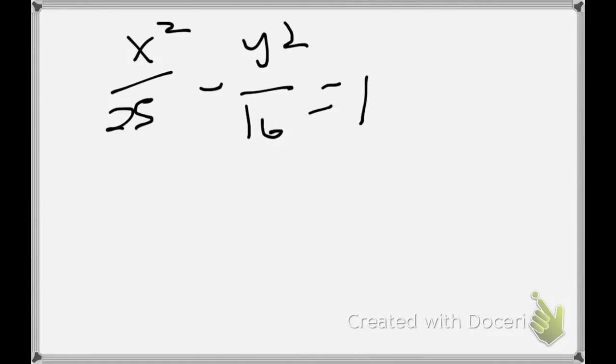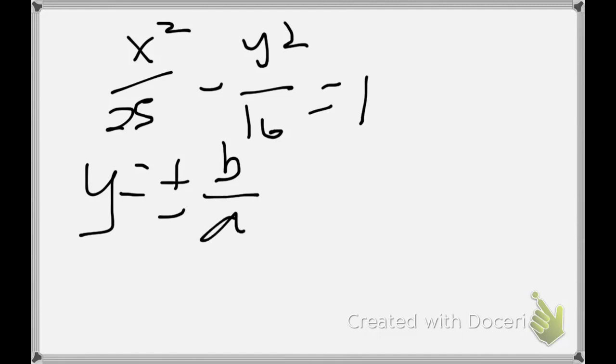Okay, so for the first problem, it asks, if the equation of a hyperbola is given as x squared over 25 minus y squared over 16 equals 1, what's the equation of its asymptotes? We can use the equation for the asymptotes, y equals plus or minus b over a x.